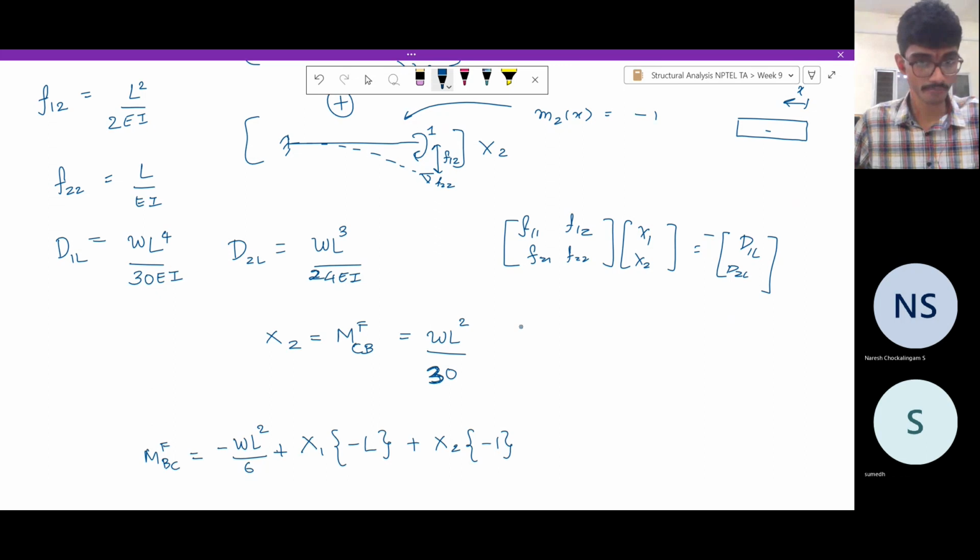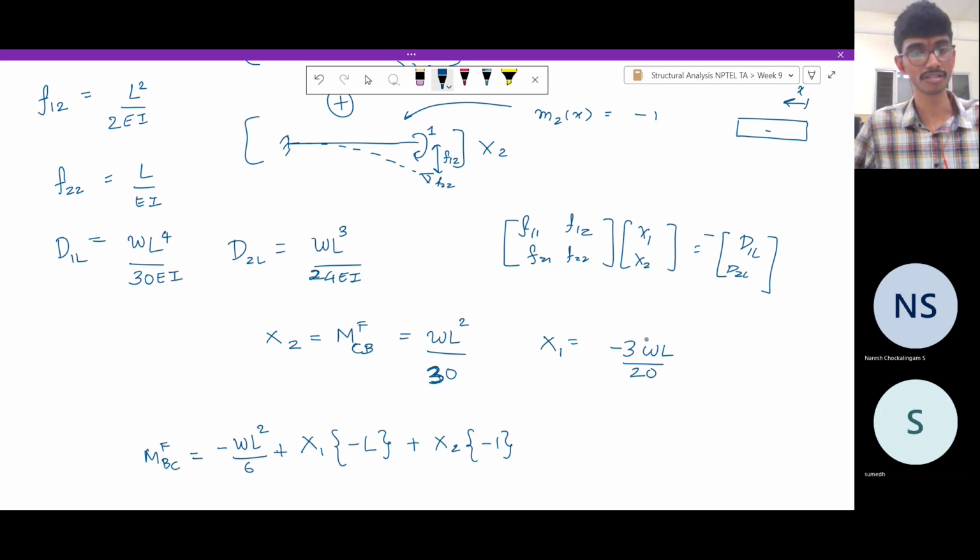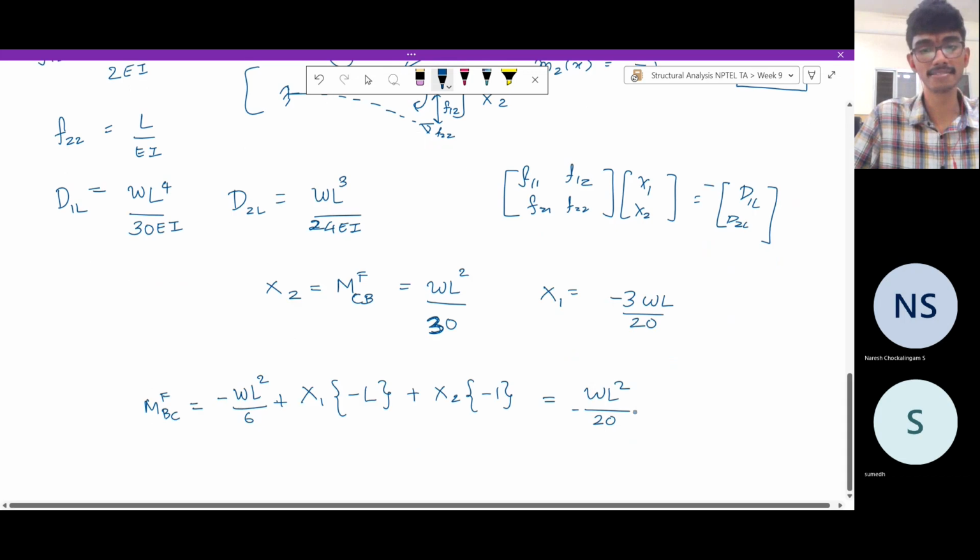We already got x2, and x1 is minus 3 WL by 20. Note that it has the dimensions of a force because it's a support reaction. It should be a force in newtons. Now substitute into this, we get MBCF as WL square by 20 minus WL square by 20. So minus means it's a hogging moment and it is against the sign convention that we have assumed.